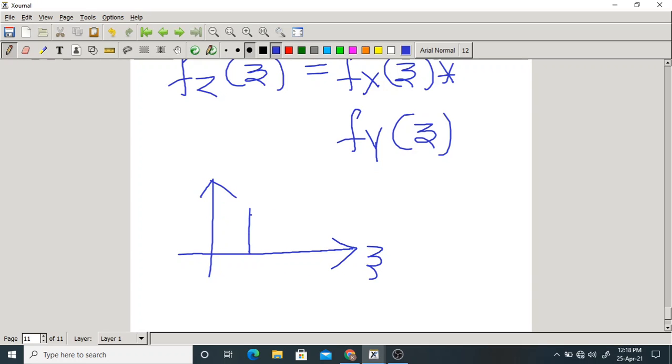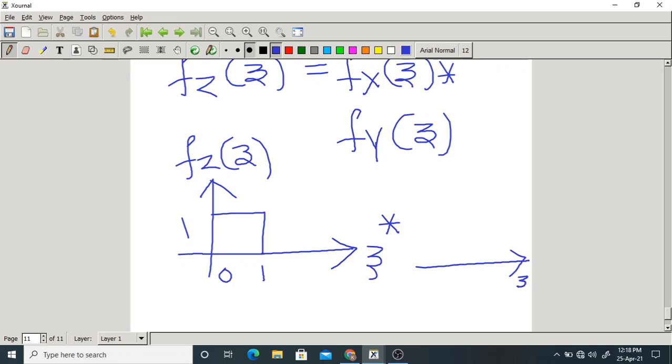This is fx of z, zero to 1, height 1, convolved with fy of z, zero to 1, height 1.